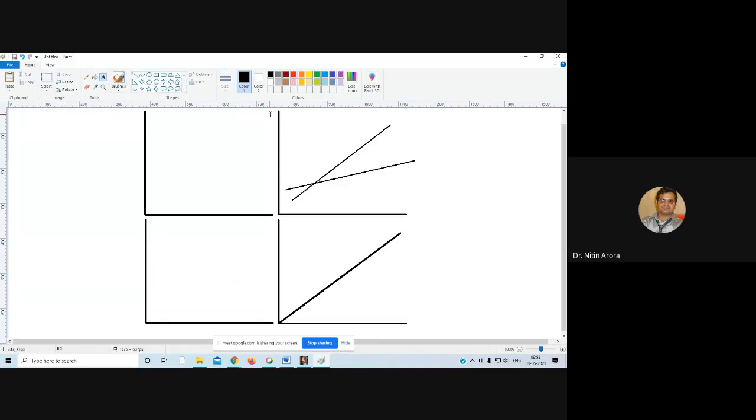We have a rate of interest and level of income, obviously. Want to extend this axis some more.